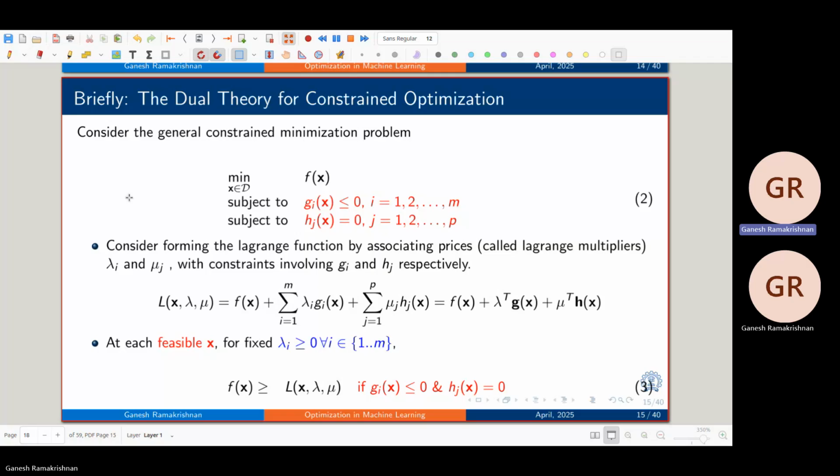What's the point in keeping a C there? You can always absorb the C inside g1. So lambda g1(x star) equals 0.